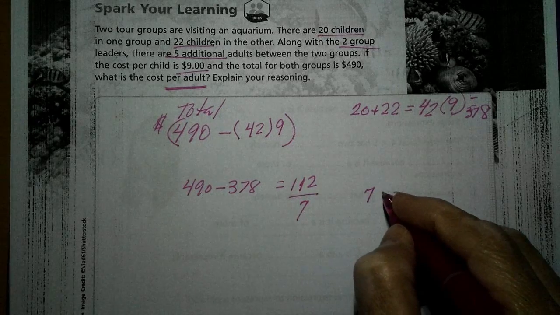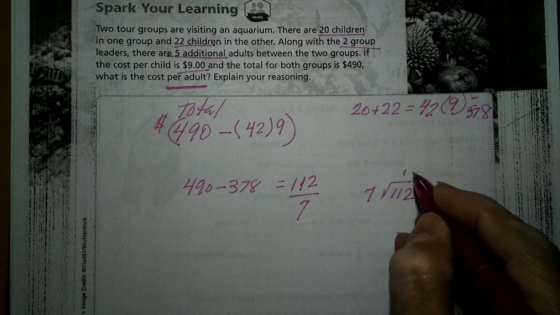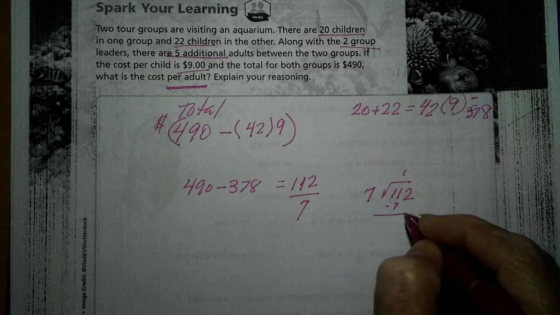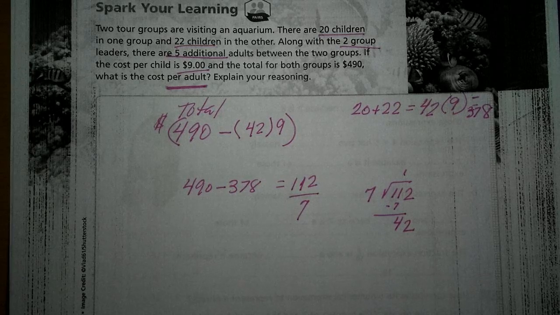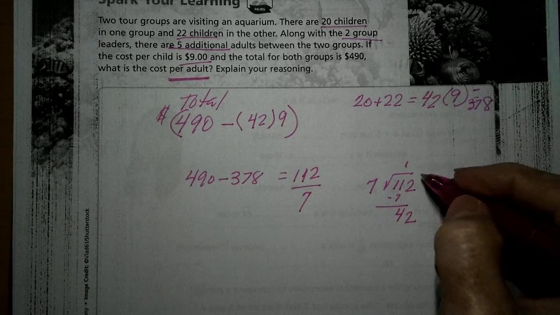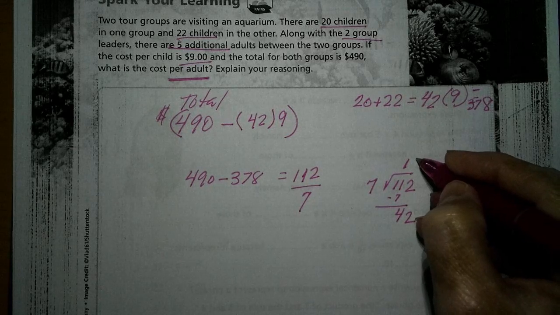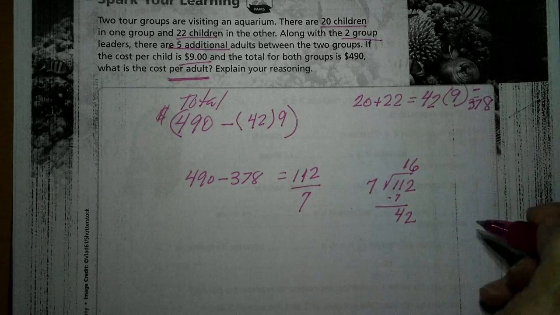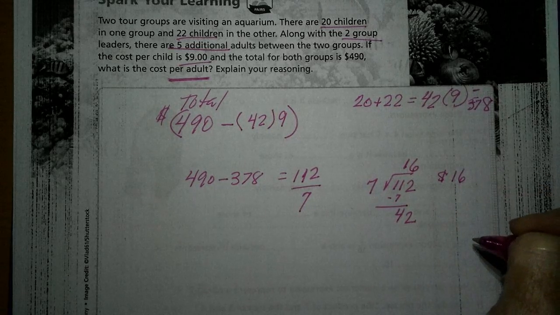So 7 divided into 112. So 7 into 42 is? 6. Yep. So that means each adult is $16.